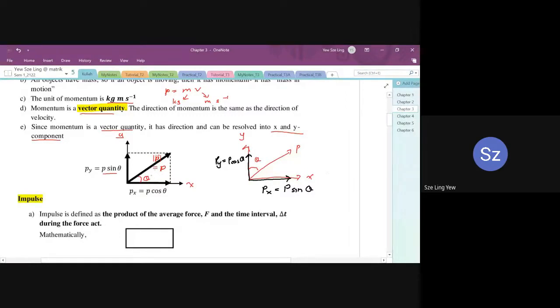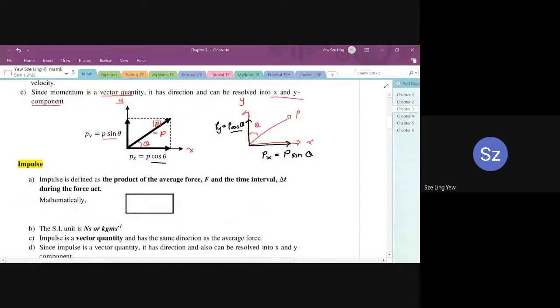So it depends on the location of the angle, right? If the angle is beside the x-axis, then for the x-axis we use cos. If the angle is beside the y-axis, then for the y-axis we use cos. All right, so that is momentum.